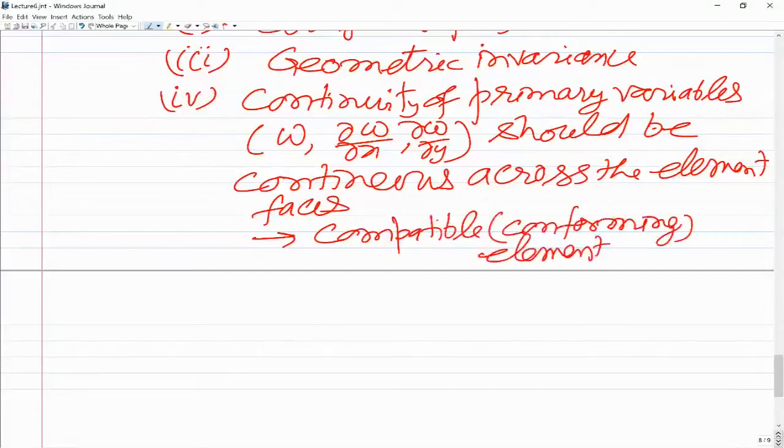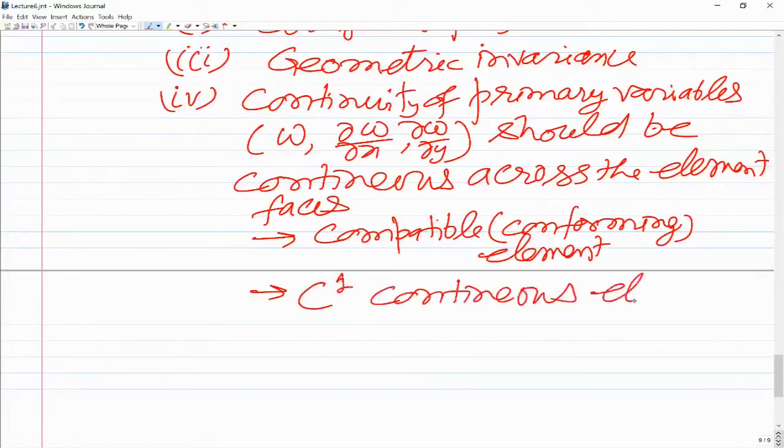And conforming is also the same, that it conforms to the minimum continuity requirement of w, del w by del x and del w by del y. Because in this case we require w as well as its first derivatives continuous, this is also known as a C1 continuous element. Here C stands for continuity, and 1 stands for the order of the derivative, so first derivative. So it is known as a C1 continuous element.